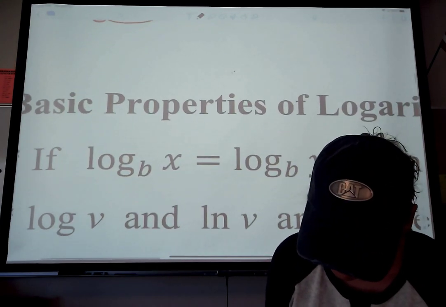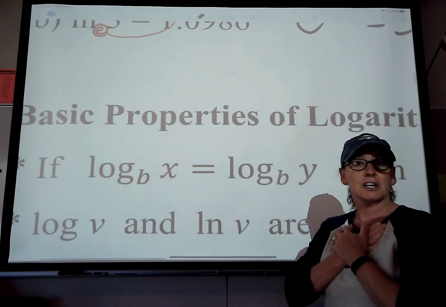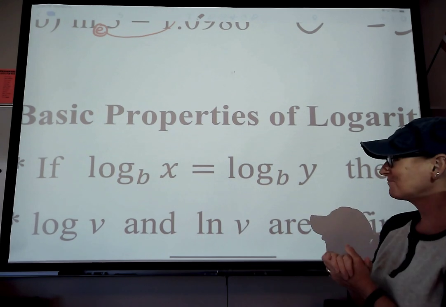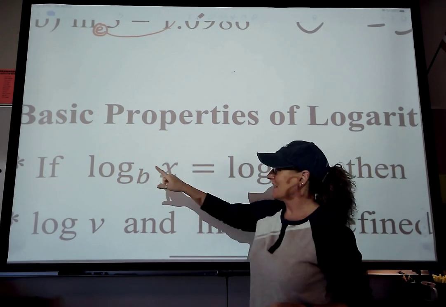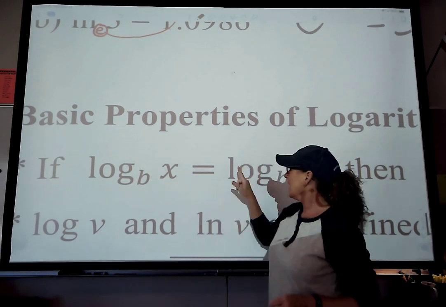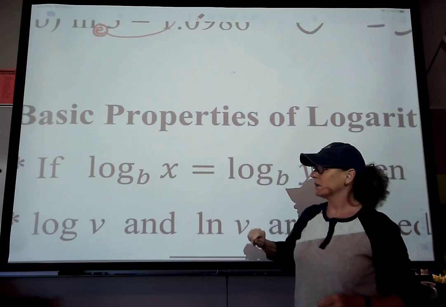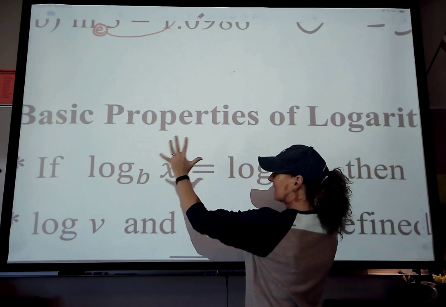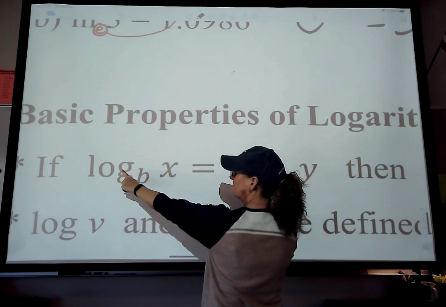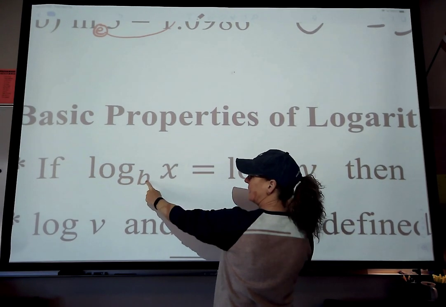You're going to be asked to use it later. Let me focus on that for a minute. The one-to-one property. I call it the common sense property. Ready? This logarithm and this logarithm are equal. On my left and my right sides, they both say log. They both have a base b.